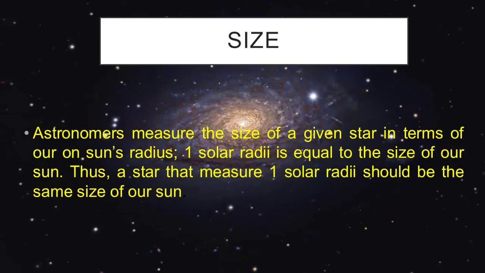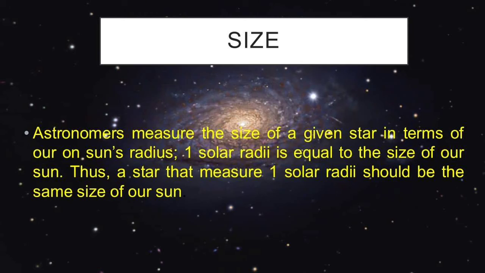In size, astronomers measure the size of a given star in terms of our sun's radius. So one solar radius is equal to the size of our sun. Thus, a star that measures one solar radius is the same size as our sun.